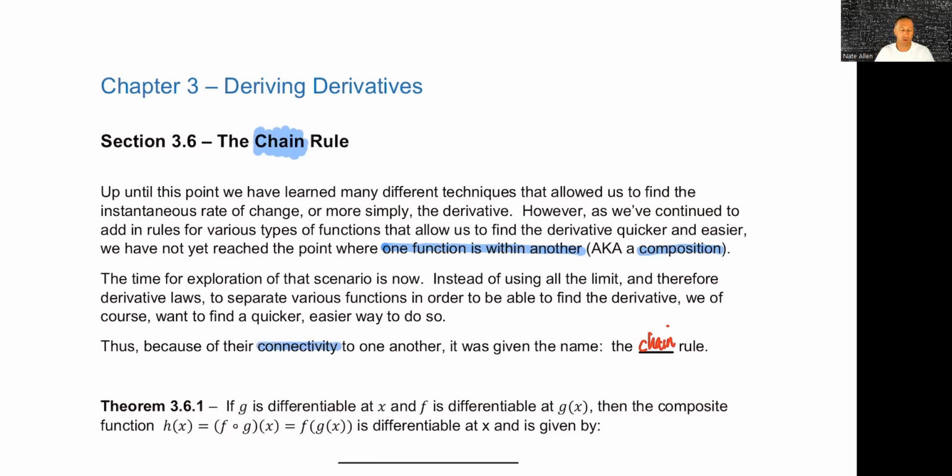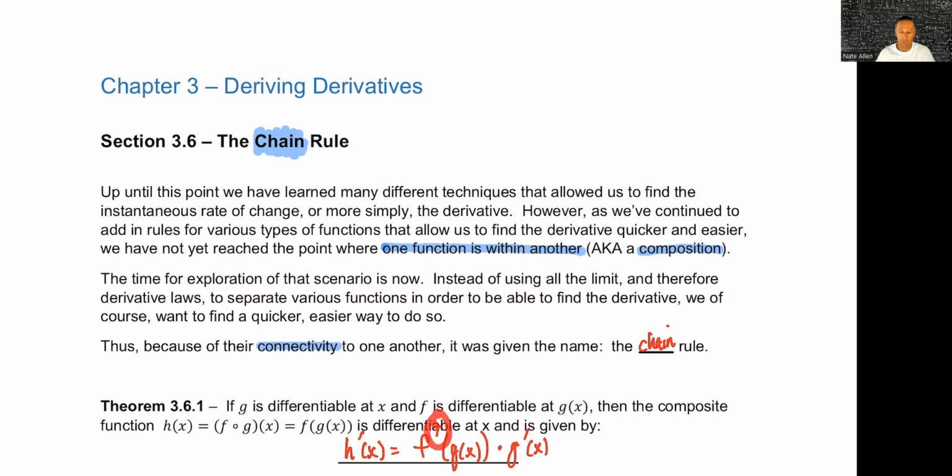All right, so let's go over the one and only definition for this section, Theorem 3.6.1, that says if we have some function g that is differentiable at some value or all values of x, and f, another function, is differentiable at all of those outputs for g of x, then that composite function, which we're going to call h of x, which is just g within f, easier written and seen this way, then it is differentiable, and we can find the derivative of this composite function by doing this.